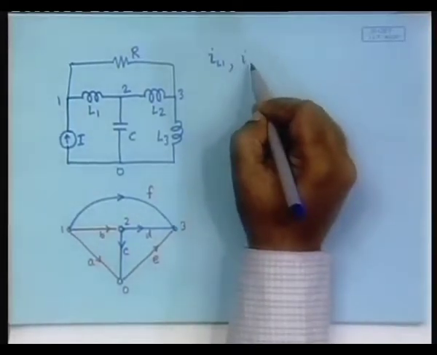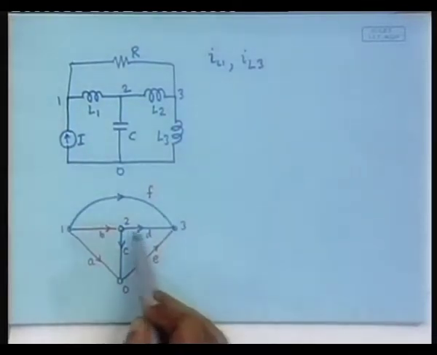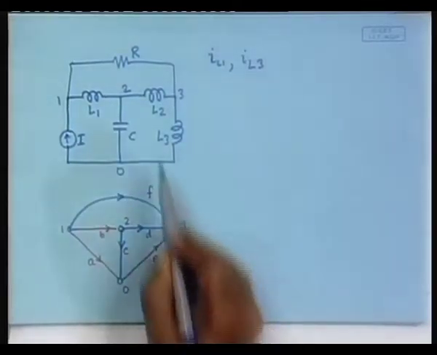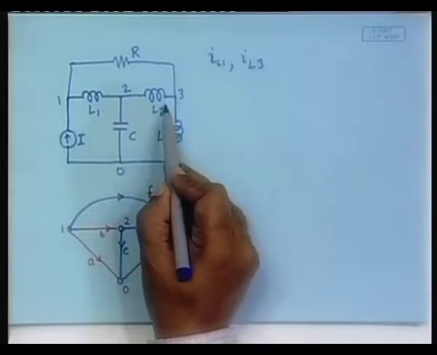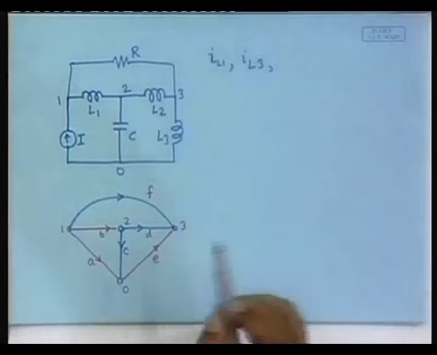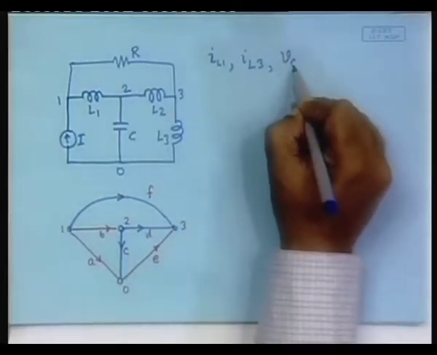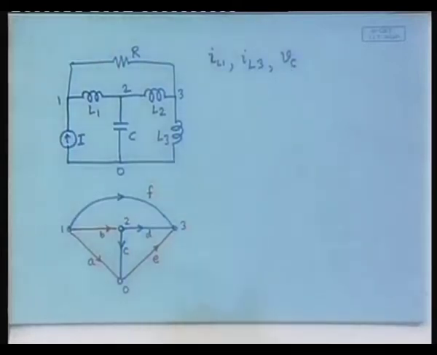So IL3, all right, but this one is not in the co-tree, and therefore the L2 will be excluded, and there is only one capacitor which is in the tree, so it will be VC only, there is no 1 2 because there is only one capacitor.